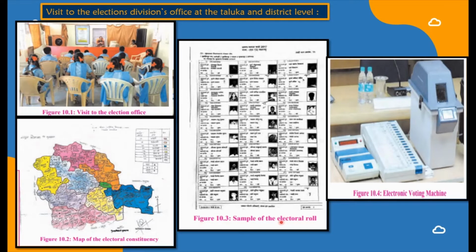Now what is electoral roll? It is an official list of the people in the district who are entitled to vote in an election. Figure 10.4 is an electronic voting machine. Now it is also known as EVM. Instead of issuing ballot paper, the person will press the ballot button, which enables the voter to cast their vote.